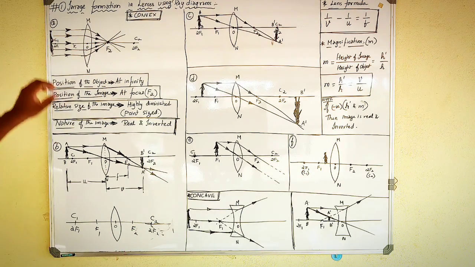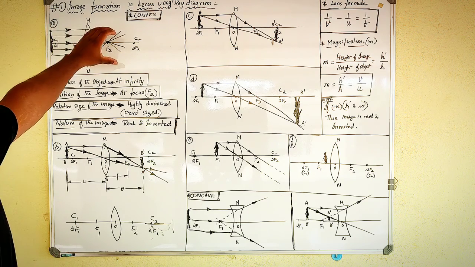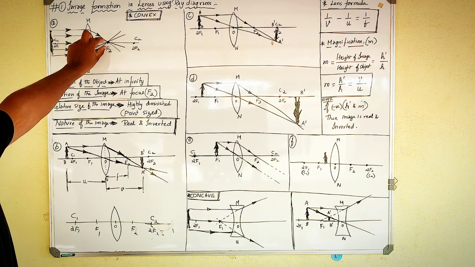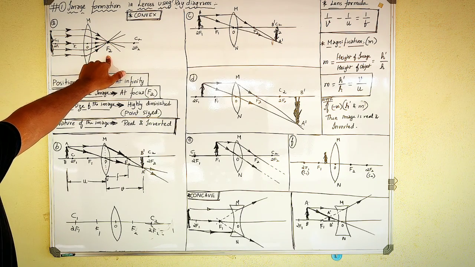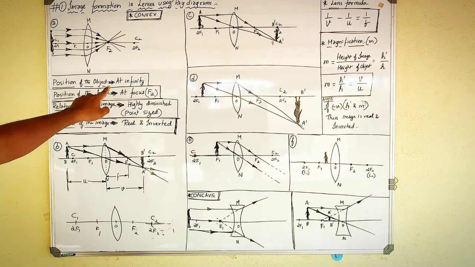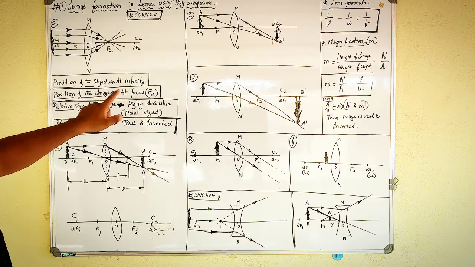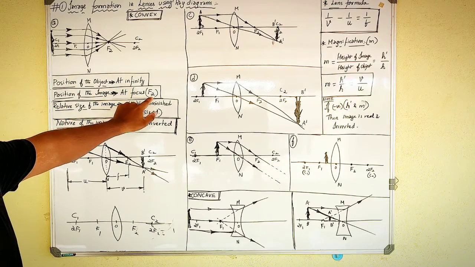So the object is very far, all the light rays are traveling parallel, and they get converged at the focus point, and there the image of the object is formed. So when the position of the object is at infinity, the position of the image formed is at focus. Mention it as F2.